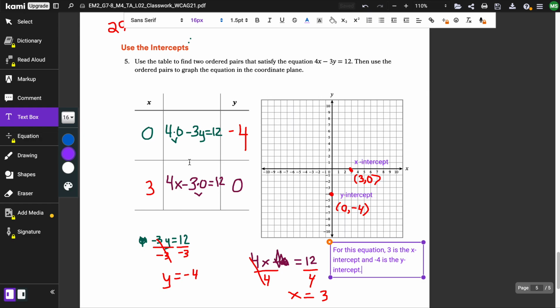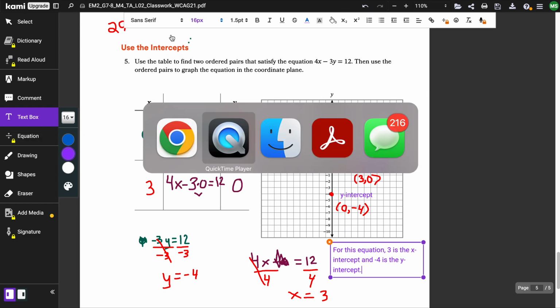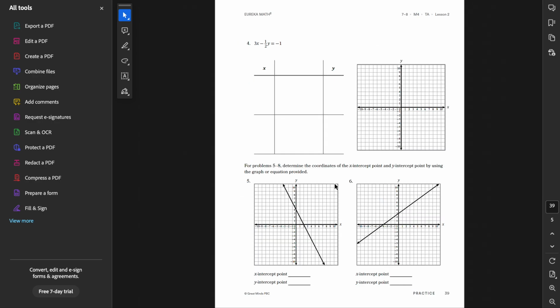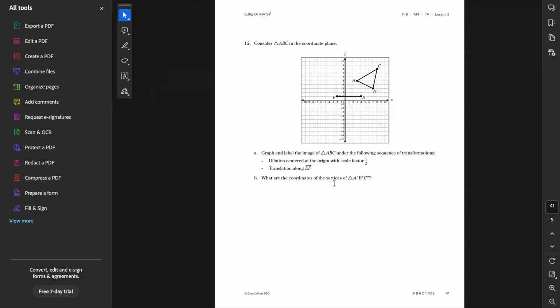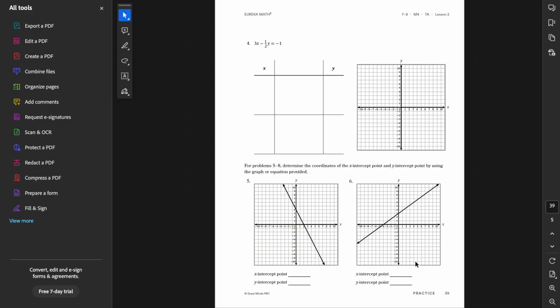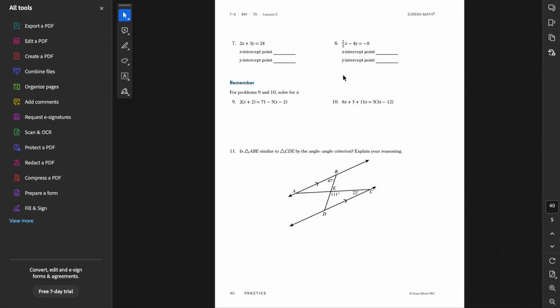So you are going to work on the practice problems here. This is workbook page 37. So try out these practice problems at least until page 39. I am expecting that you can do page 37, page 38, and page 39. It is really good practice to get these x and y intercepts.